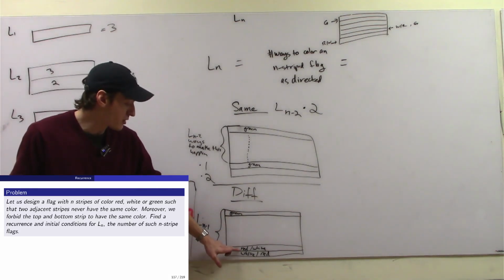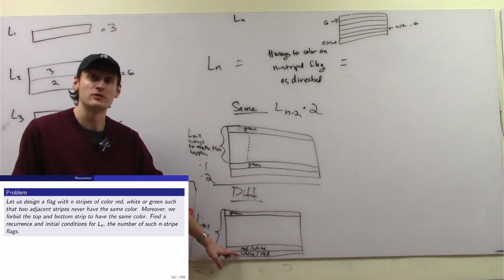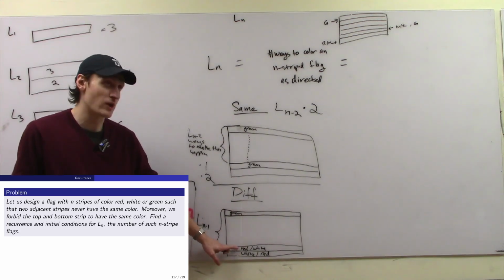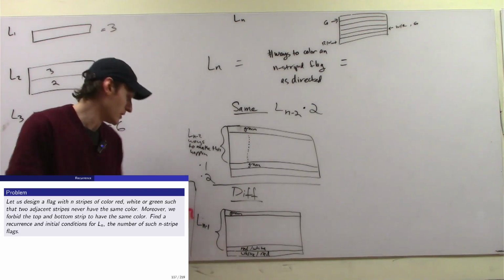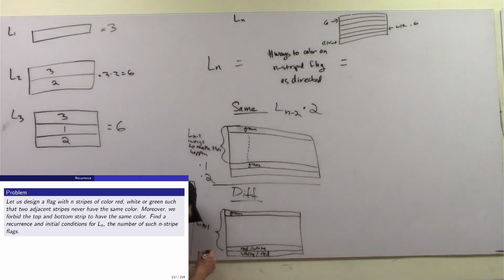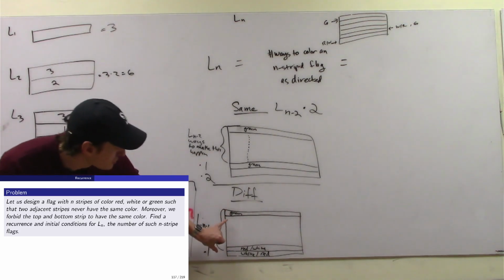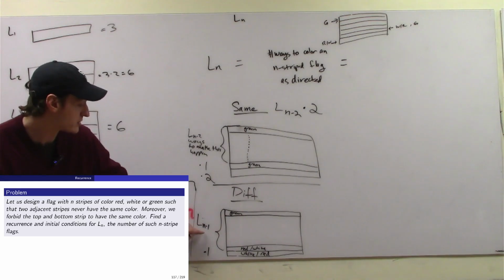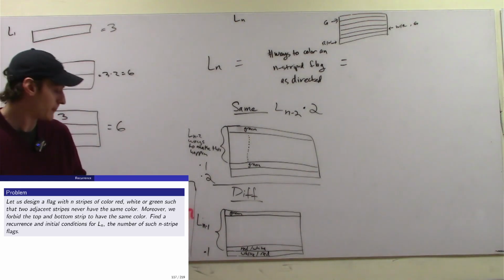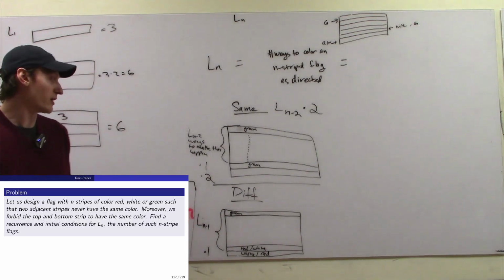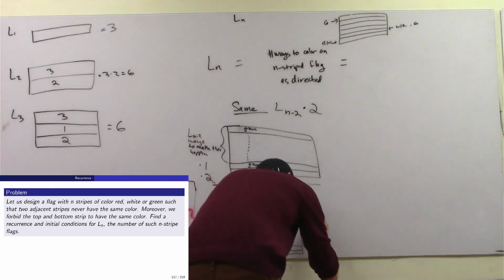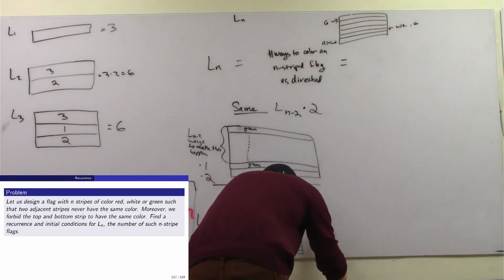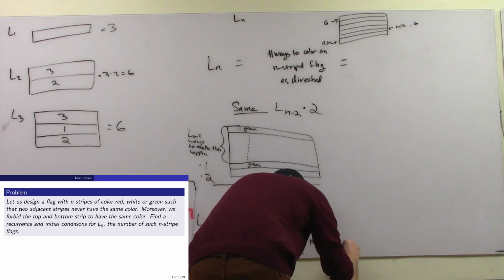And then after you do so, when this is red or white, the other color is determined for this bottom row. If this one was red, the bottom one has to be white. And so then there's one way to fill it out. So you can do the first n minus 1 rows in however many of the L sub n minus 1 ways that you had before, and you fill it out in exactly one way. So then there's L sub n minus 1 total ways to make this happen.